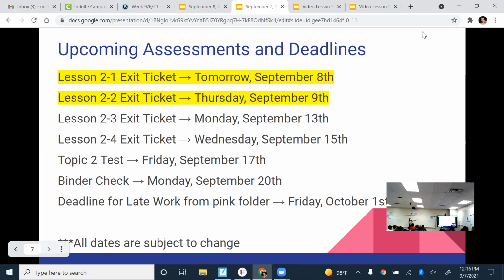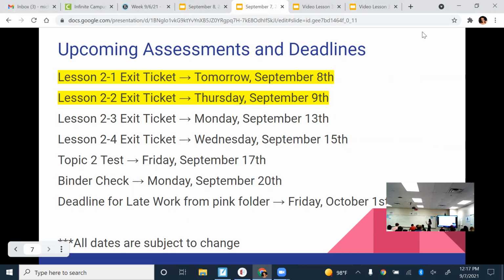Here's the schedule for the assessments for topic 2. And also if you look at the board on the side wall, when is the topic 2 test scheduled? 17th. Good. Next Friday on the 17th. So this is a really short topic, right? The first topic took us like 5 weeks. This one should really only take us 2 weeks because there's only 4 lessons.